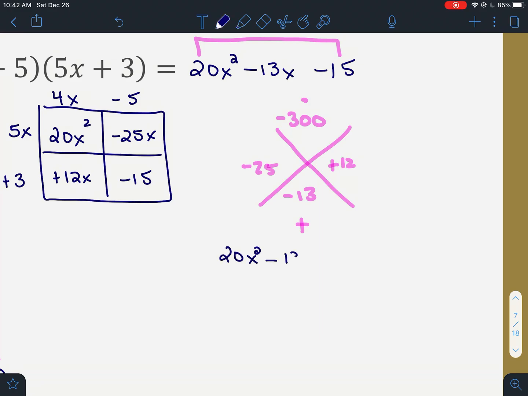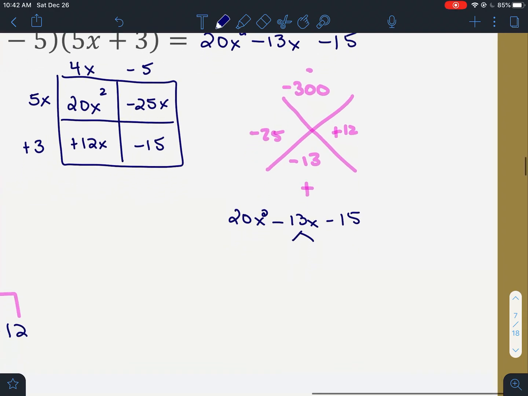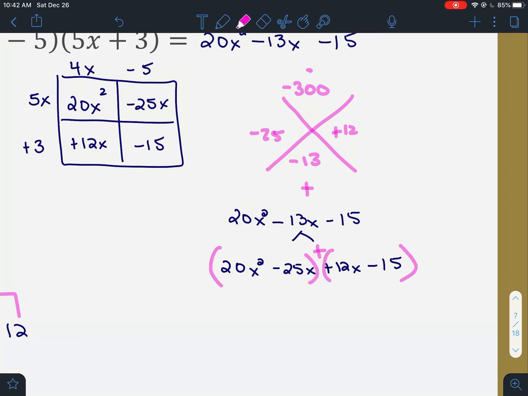So if we did this with the factoring by grouping method, I would take the 20x squared minus 13x minus 15, and I would break up that negative 13. So it would become 20x squared, then minus 25x, plus 12x minus 15. Factor by grouping. Group together the first two terms, group together the second two terms.